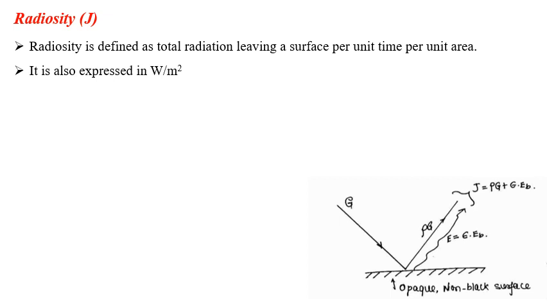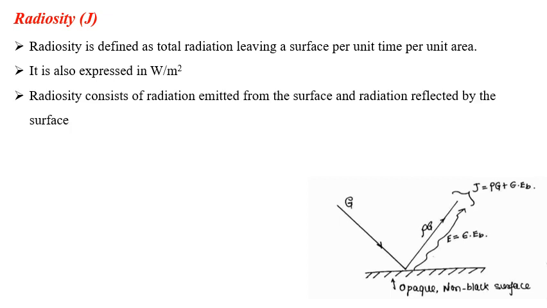So these are the assumptions: each surface in an enclosure is opaque, diffuse and gray, each surface of the enclosure is isothermal, and each surface of the enclosure is characterized by uniform radiosity and irradiation. Radiosity consists of radiation emitted from the surface and radiation reflected by the surface.